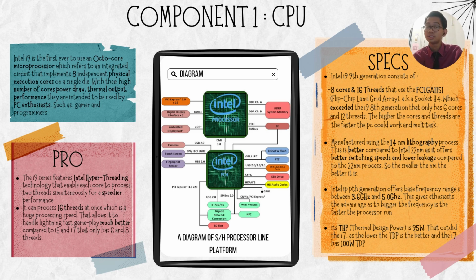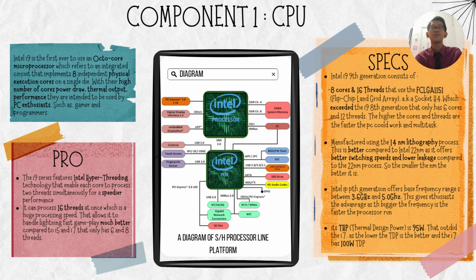The bigger the frequency is, the faster the processor runs. The thermal design power for i9 is 95 watts, and for i7 is 100 watts. The lower the TDP is, the better. So i9 is better than i7.